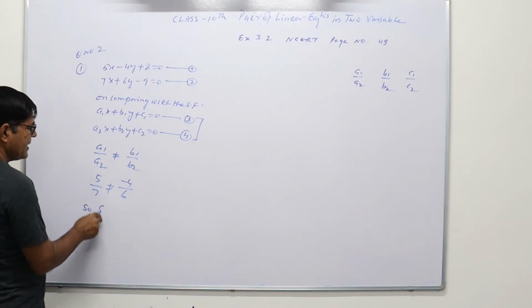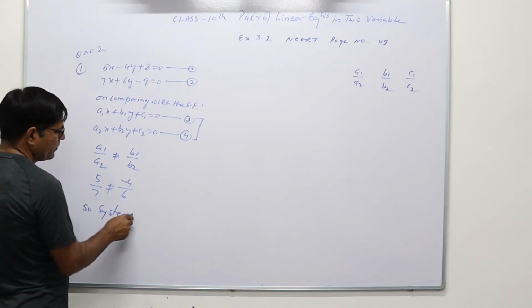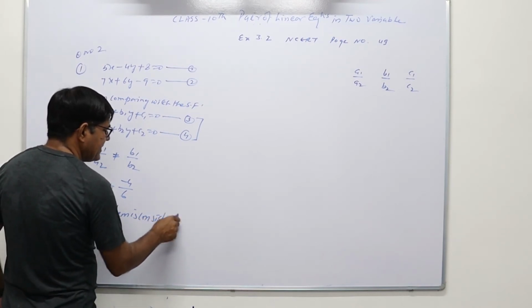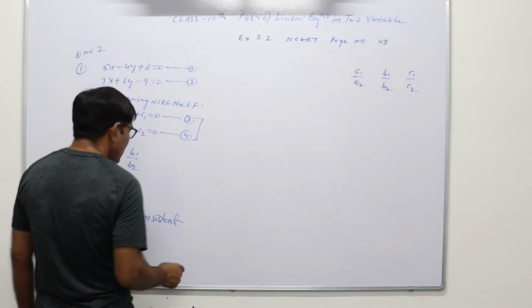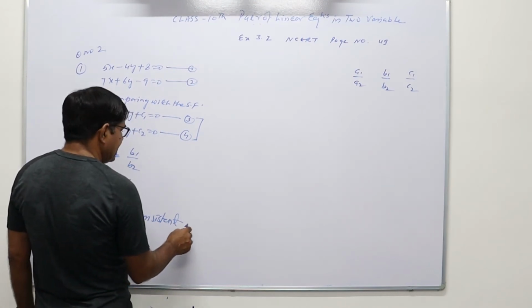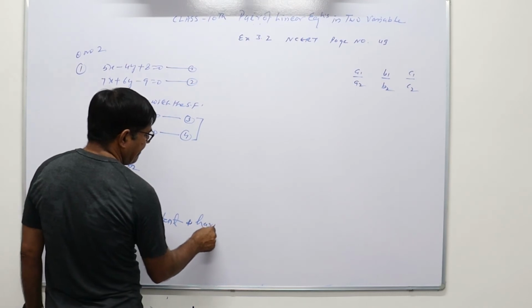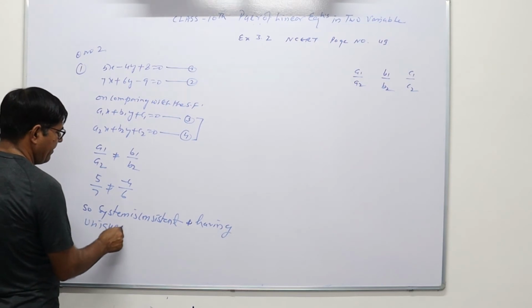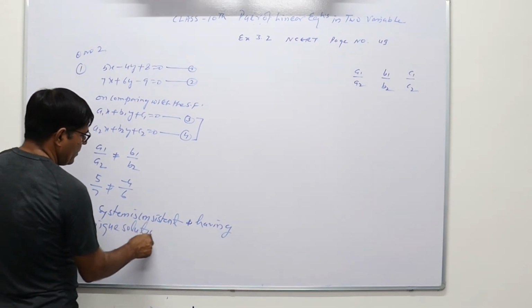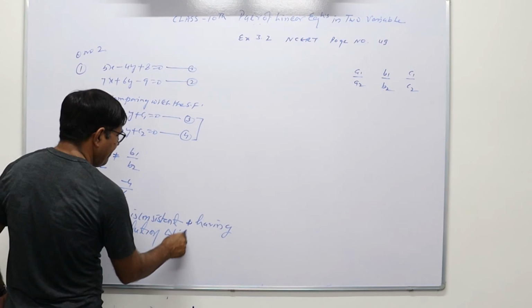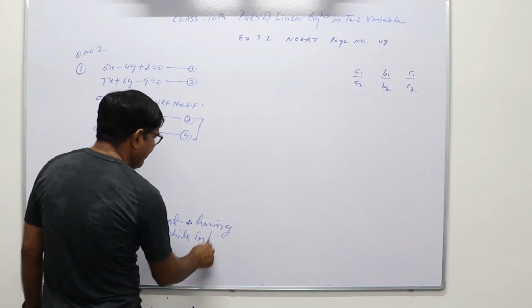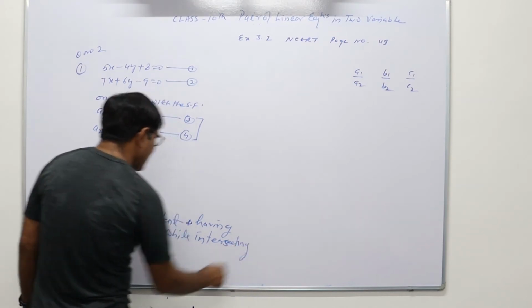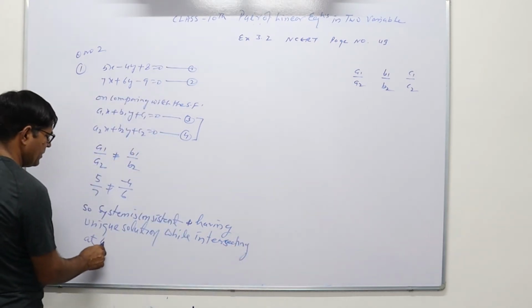So the system is consistent and having a unique solution, while intersecting at one point.